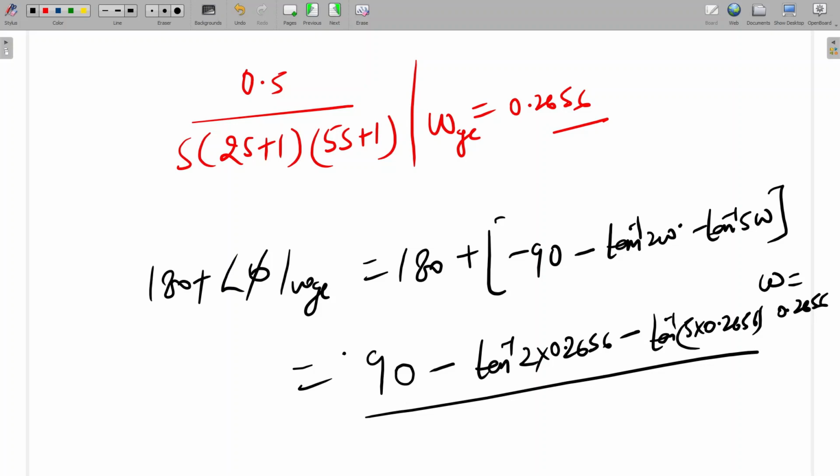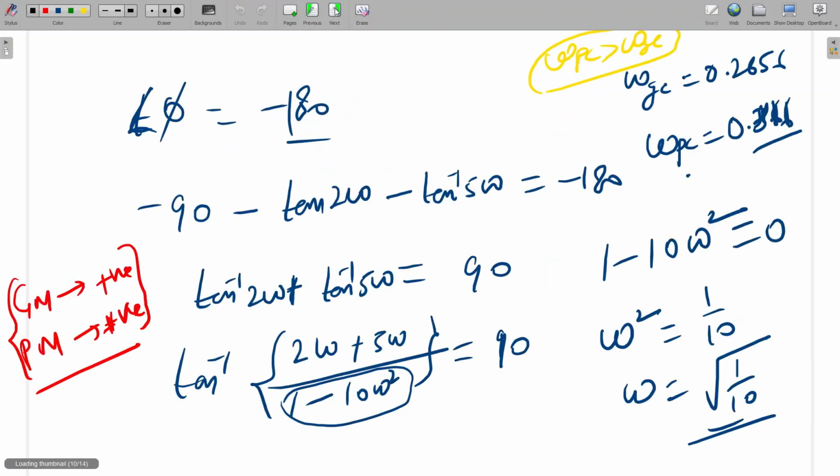How much? 9 degree we are getting. Okay, so similarly we can calculate the gain margin also.